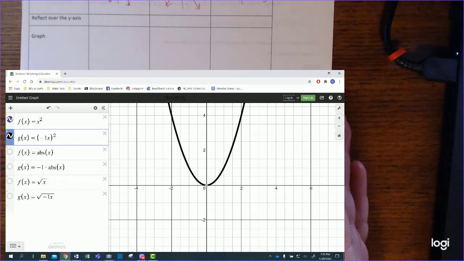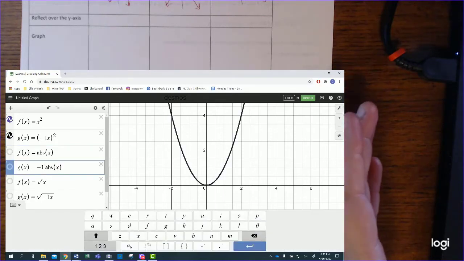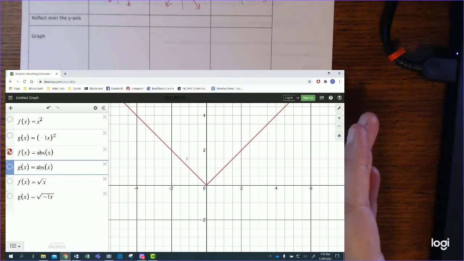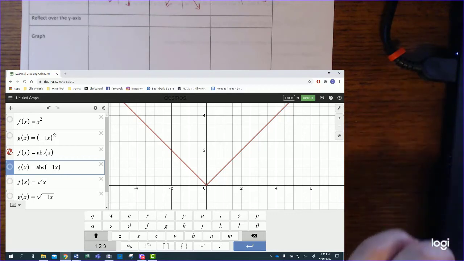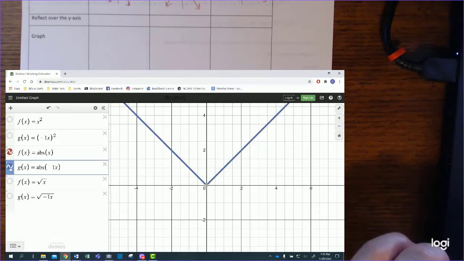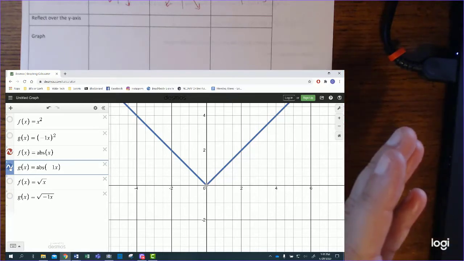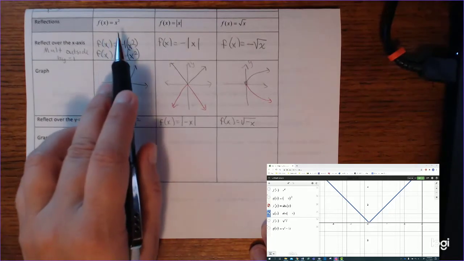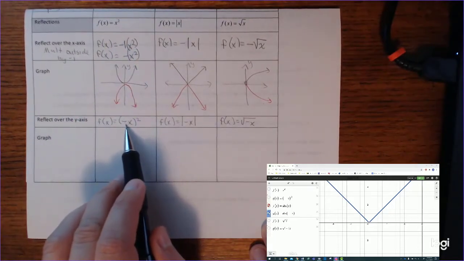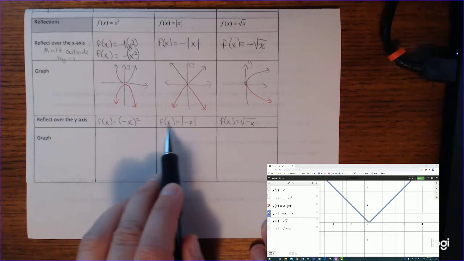Same thing for absolute value. If I want the absolute value function to reflect over the y-axis, it's not going to show up, but I still can change the function. I'm going to multiply inside the function by -1, but it's not going to really change much because it's just reflecting on itself. So if I put these equations down, that -1 is being multiplied in there with the x.